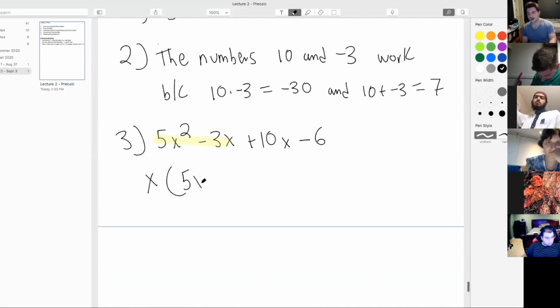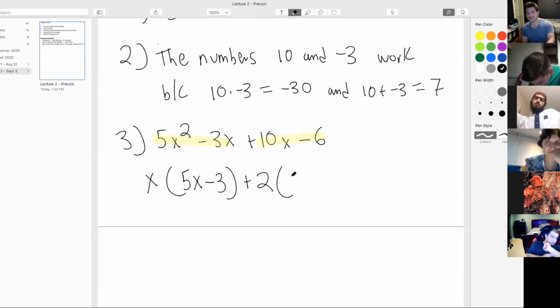So I'm left with 5x minus 3. And the GCF on the last two terms is 2. So 2, and what's left is 5x minus 3. So it's a good sign that we ended up with 5x minus 3 in both sets of parentheses. That's how you know you did this correctly.